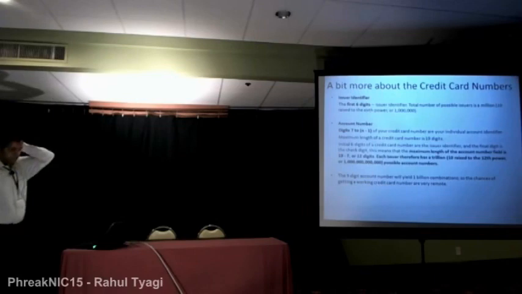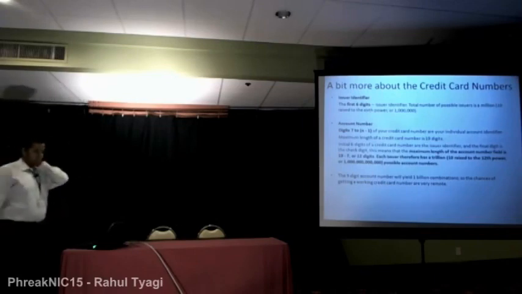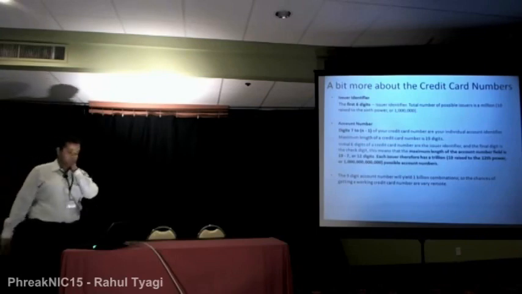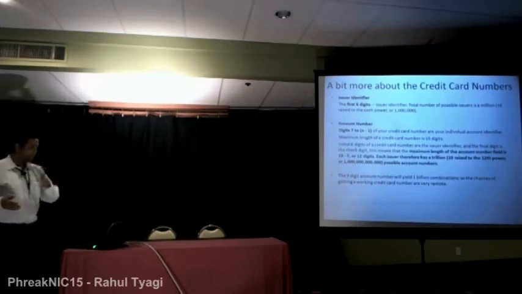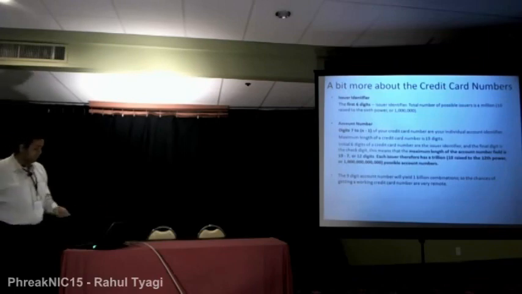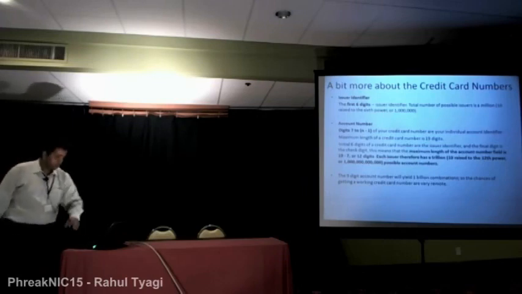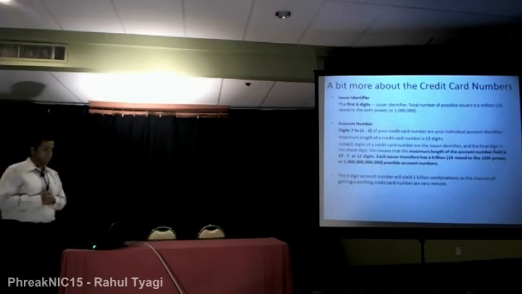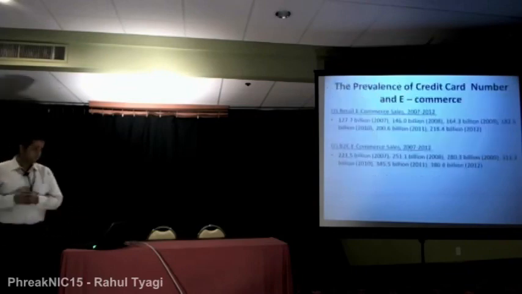You can basically have up to 1 trillion possible account numbers, I mean the remaining digits starting from 7 till the 18th, because the maximum number of digits in a credit card number can be 19. For credit card numbers that have 16 digits, there are 1 billion combinations.